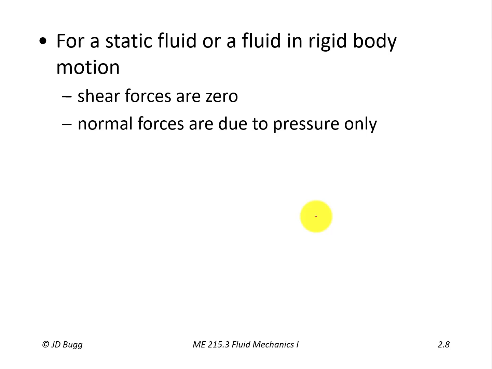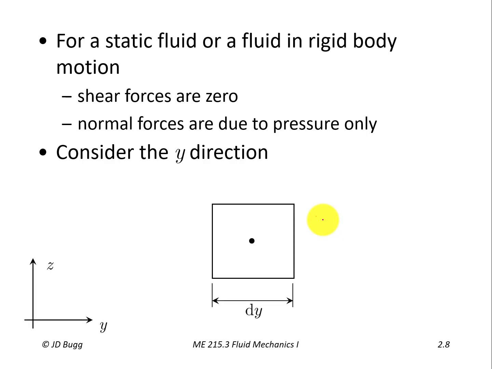So what we're going to do is simplify that a little bit by just focusing on the y direction, just one direction first of all. And what's happening in the other 2 directions is very, very similar. So we'll focus on the y direction. So we'll have a little simplified sketch here. Rather than showing a 3D sketch of our little cube, we're just looking at it directly now.